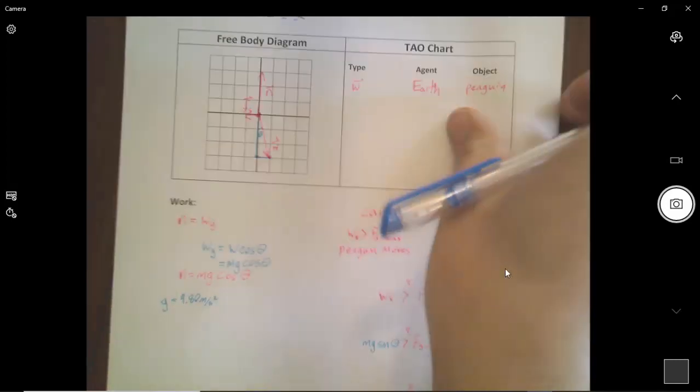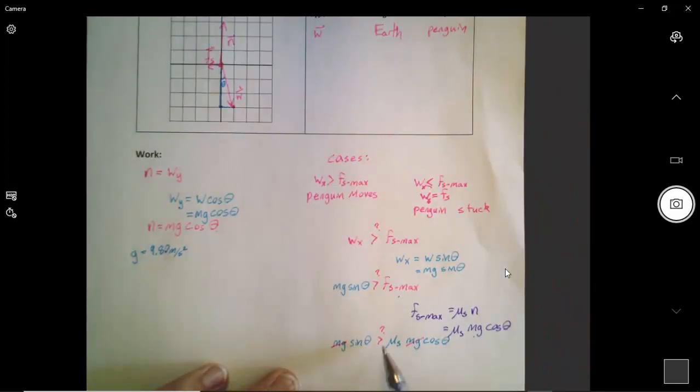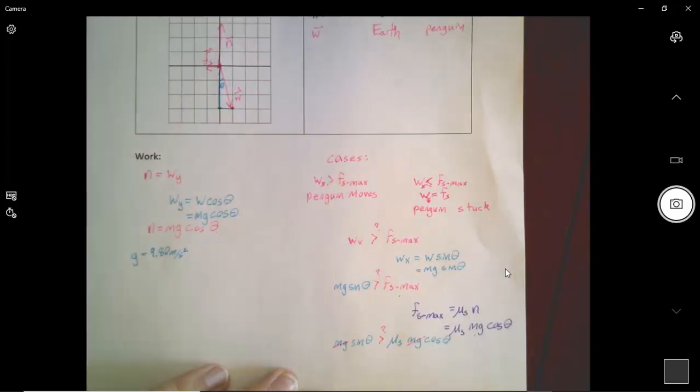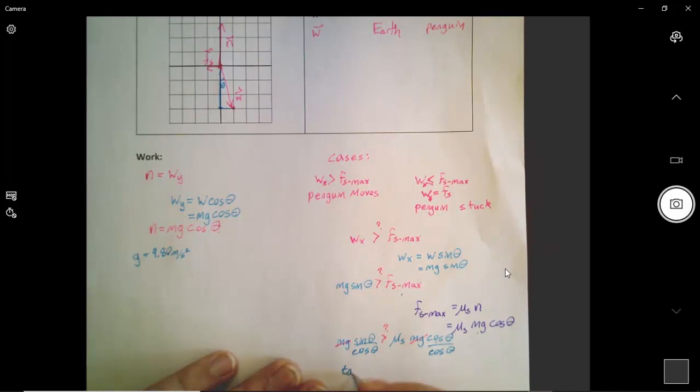But g itself is just the magnitude. So since these are both positive, we don't flip the inequality. And then we could also even divide by the cosine, right? If we divided both sides by cosine, we could get tangent of theta, question mark, greater than mu s.